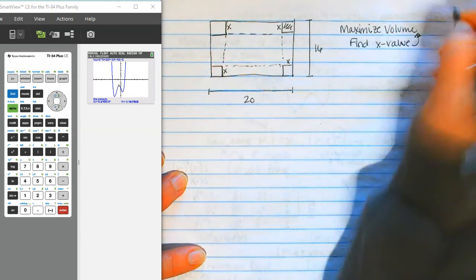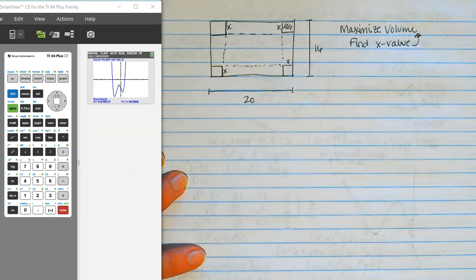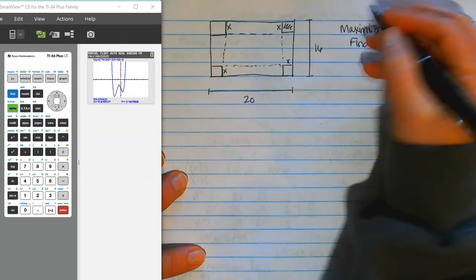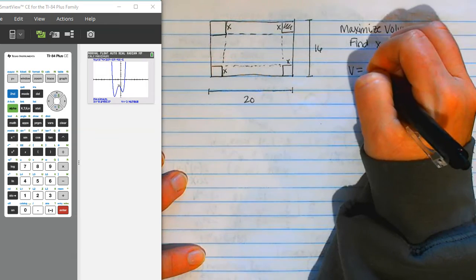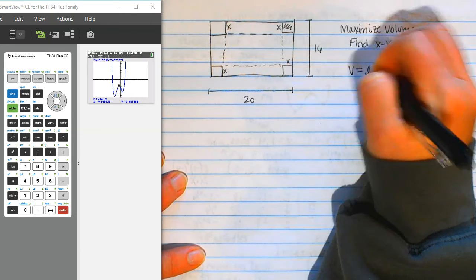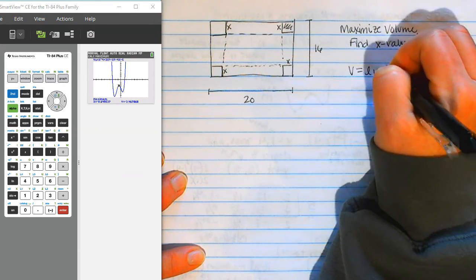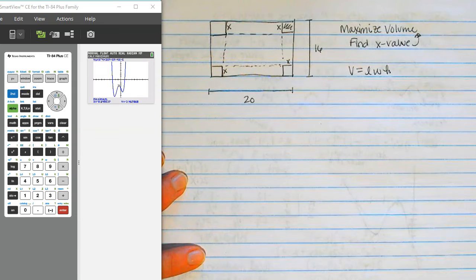So how do we do that? Volume is a measurement. What's the equation for volume? So length times width times height, right?